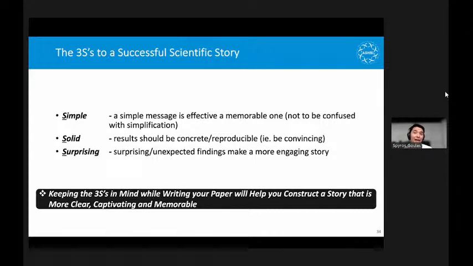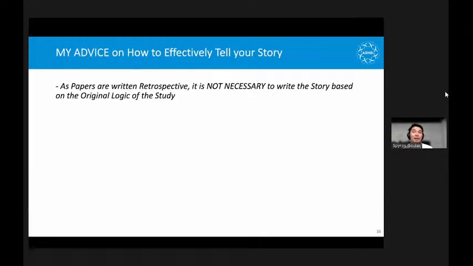Now, as for how to actually construct your story, have a think about this. While science is typically hypothesis-driven, paper writing actually is not always so, as paper writing is a retrospective process, which means that it is constructed after you acquire most or all of your data.